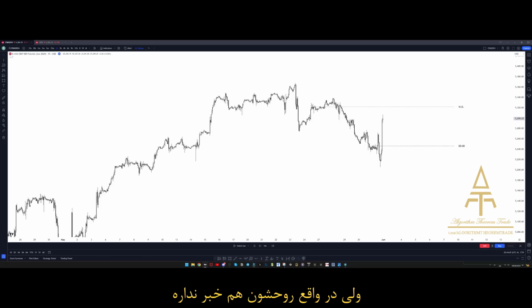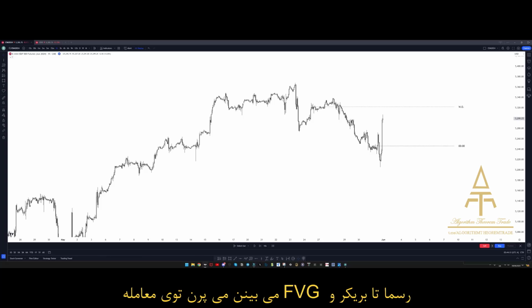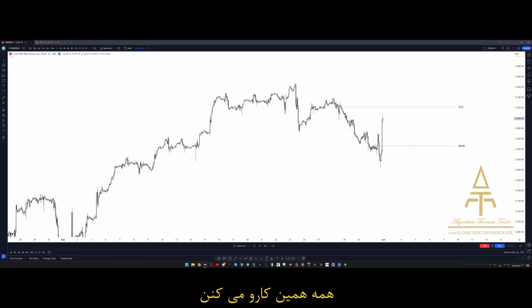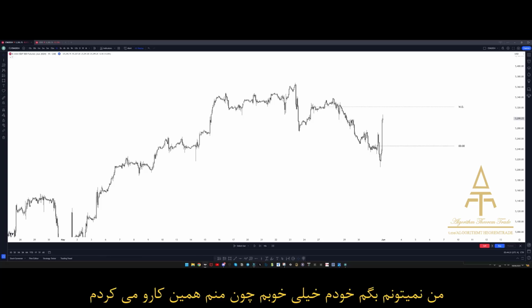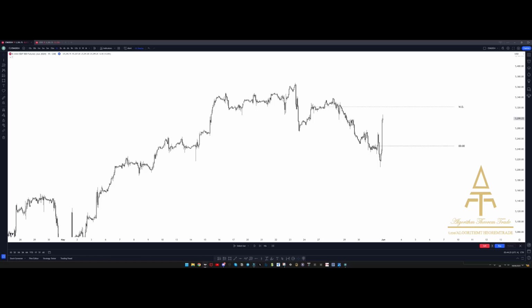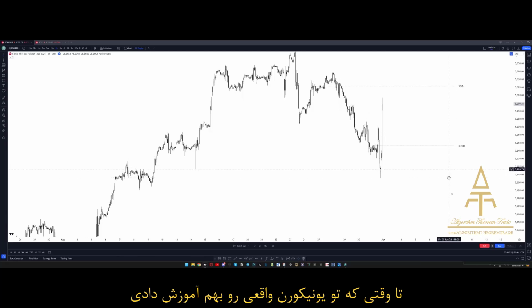And in actual fact, they haven't got a clue. They literally just pattern trade a breaker and a fair value gap, and that's what everybody does. You see it everywhere. I can't act smart, because that's something that I did originally, until obviously you pointed out the real unicorn.